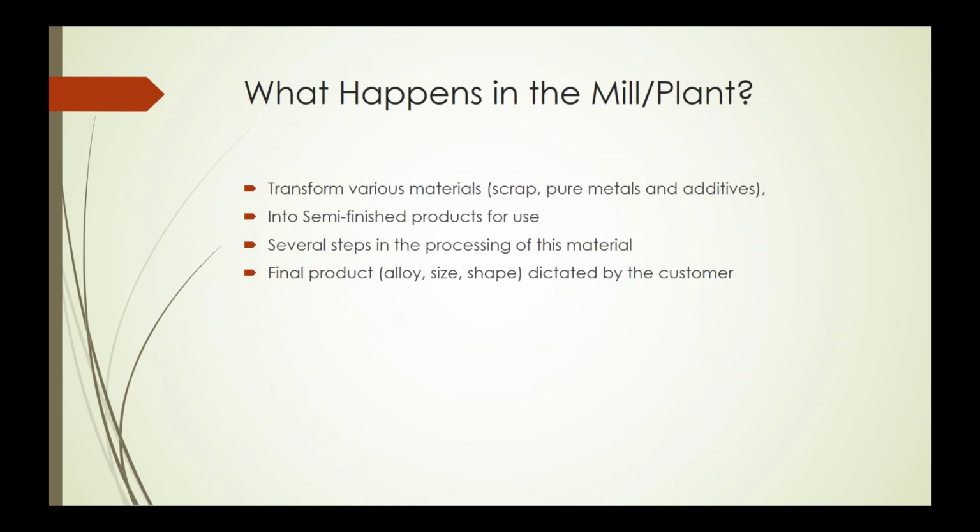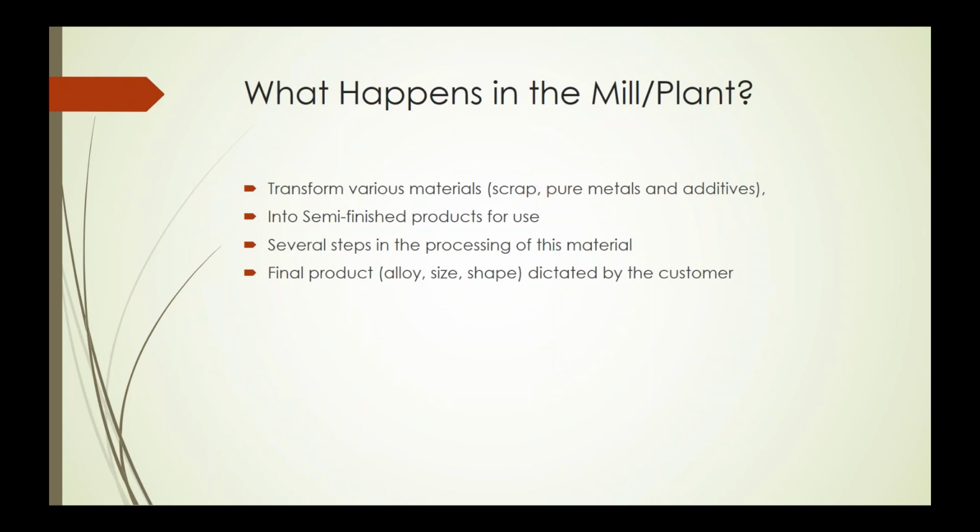In a mill or in the plant, we transform various materials, scrap, pure metals, and additives, small additions, into semi-finished products for use. Several steps in the processing of this material are taken.